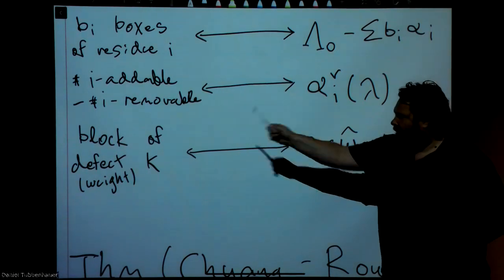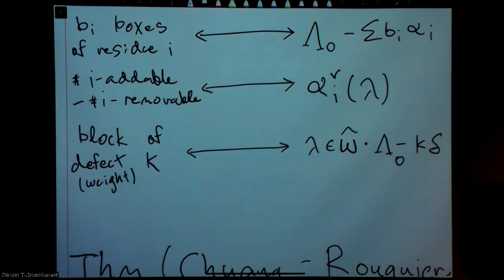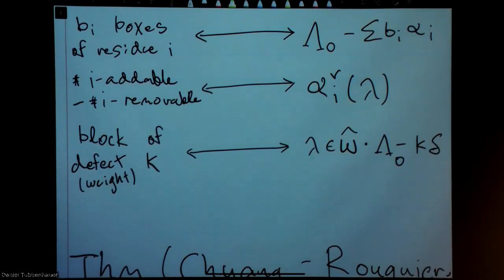And then finally, a block has a defect k. This is often called weight in the representation theory of the symmetric group, but I think I found enough sources that call it defect. Obviously it's very bad if you call it weight, because then it gets confusing with SL_p weights. So I'll say defect.